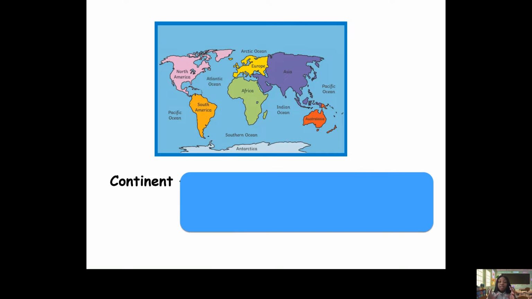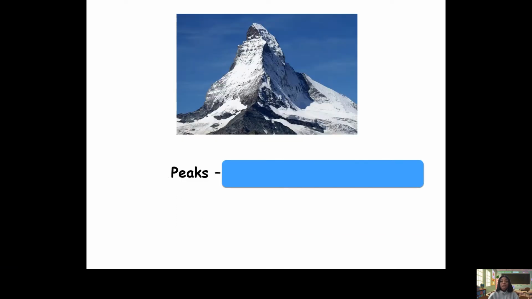It can also be defined as a collection of smaller countries. So for example, here we have the continent Africa, and inside the continent of Africa, you would have smaller countries like Ghana and Nigeria, Uganda, Botswana. Okay, so a continent is a huge area of land with lots of smaller different countries.